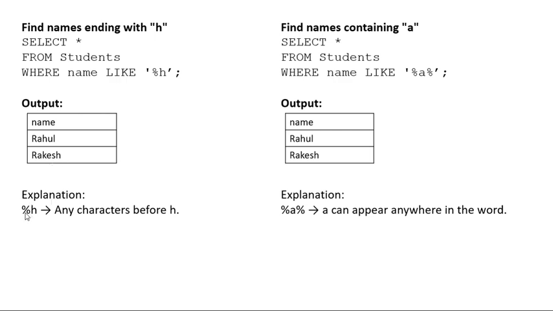The explanation is that the percentage means any characters before the h. Now find the names containing a.